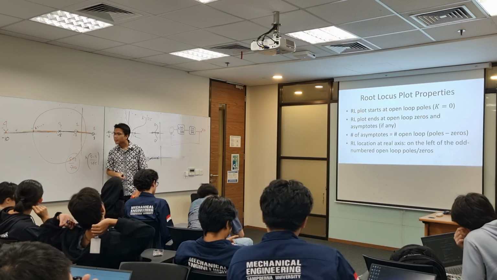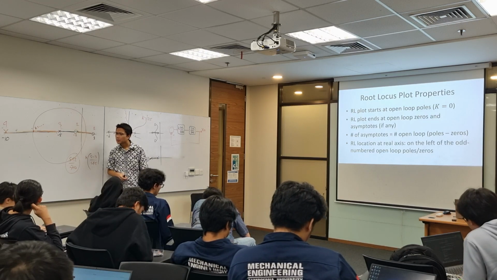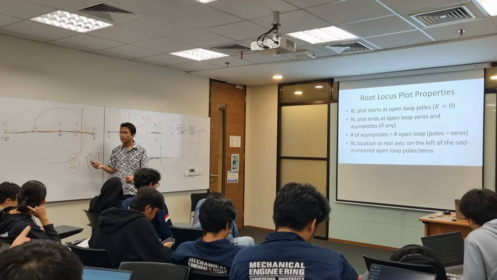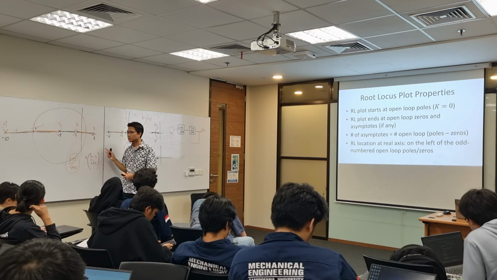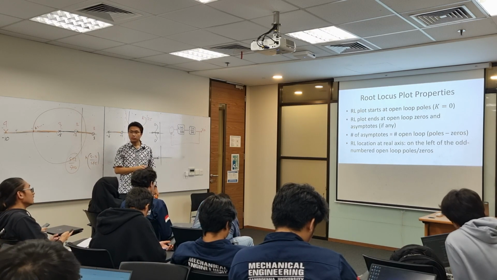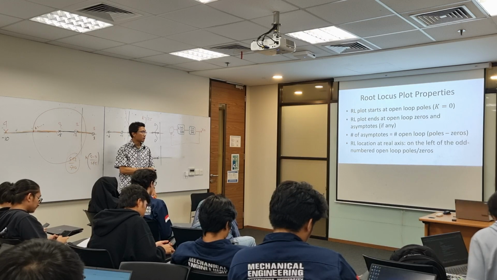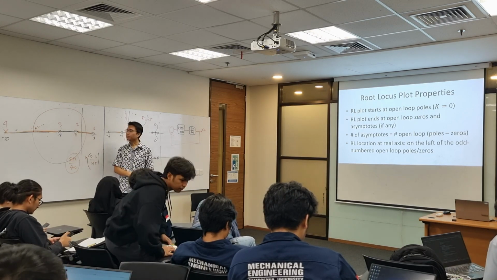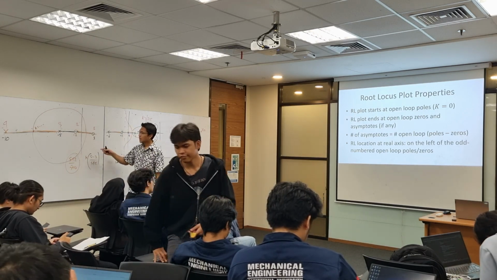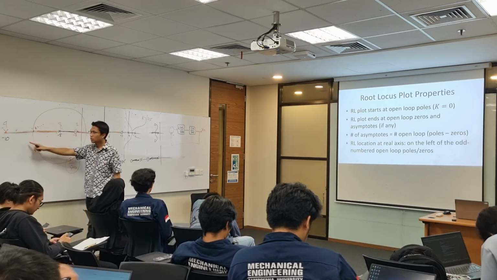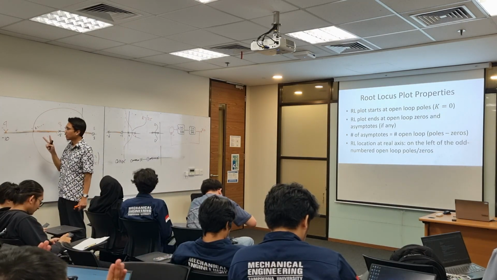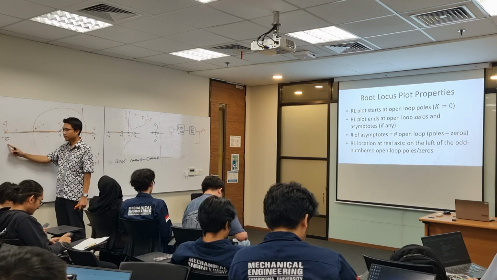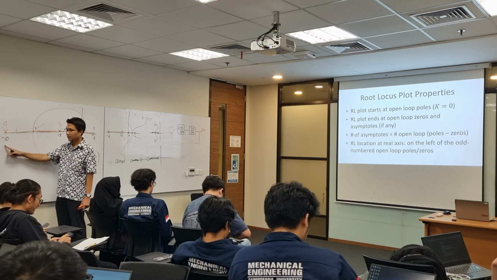Number of poles. No, we are not doing subtraction in here. Oh, number of asymptotes. Yeah, number of poles. In here we have two poles. We are not doing minus 5, minus 10, we don't do that.